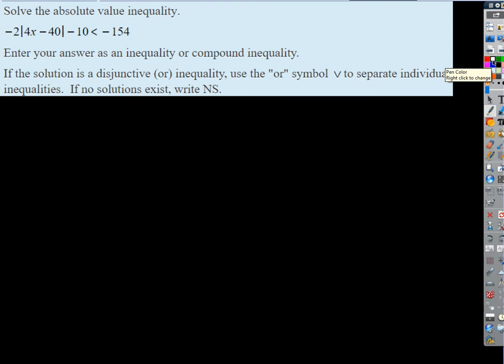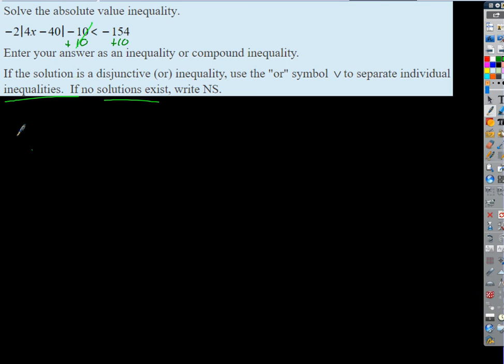Isolate the absolute value. Good. So what are the two steps we got to do to get the absolute value by itself? Good. We got to add 10 and then divide by -2. Good. So you guys, this is not bad. You're knowing what you're doing. Just a slight tune up here. So if we add 10 to both sides, what do we get?